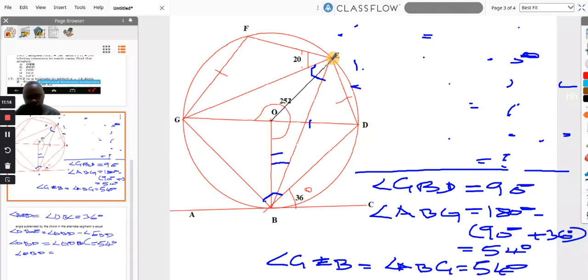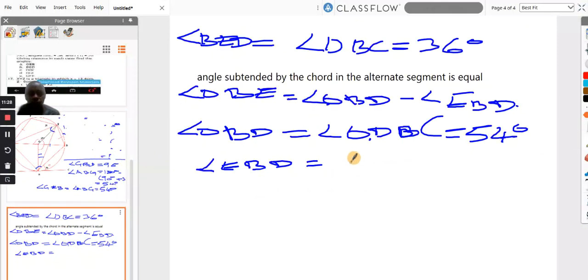So this chord is equal to this chord, and this chord is subtending an angle of 20 degrees at the circumference, meaning that also chord DE will subtend an angle of 20 degrees. So we can say this is the same as angle FEG, which is equal to 20 degrees.